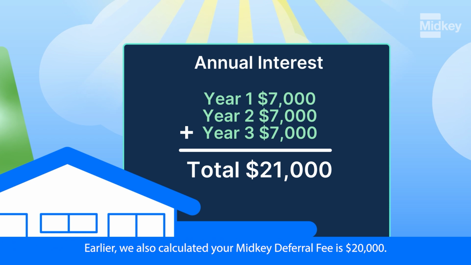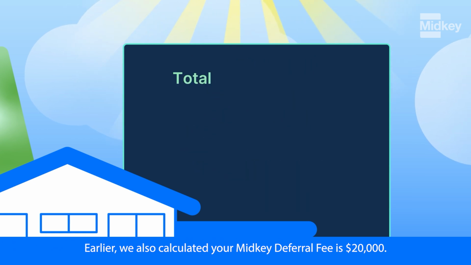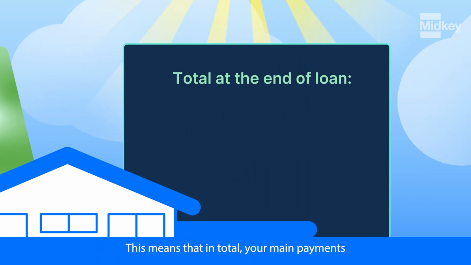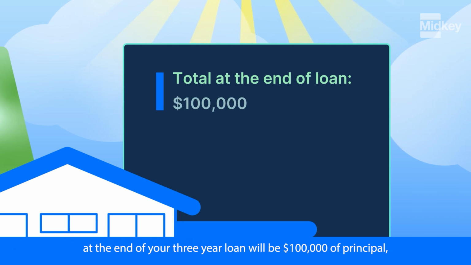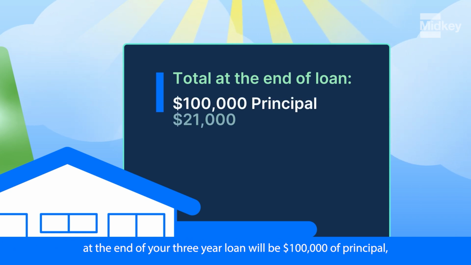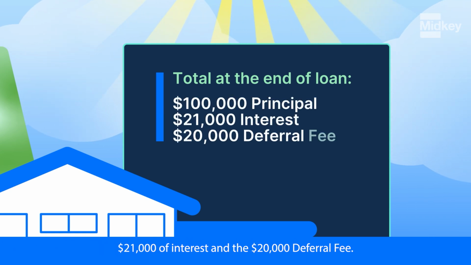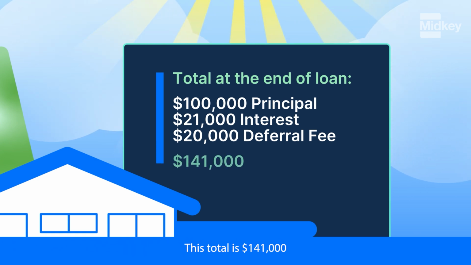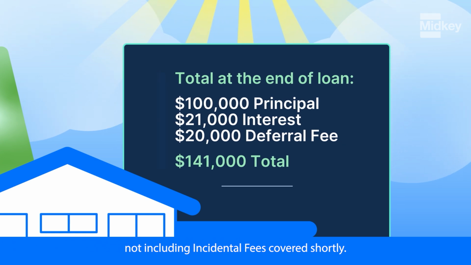Earlier, we also calculated your Midkey deferral fee is $20,000. This means that in total, your main payments at the end of your 3-year loan will be $100,000 of principal, $21,000 of interest, and the $20,000 deferral fee. This total is $141,000, not including incidental fees covered shortly.